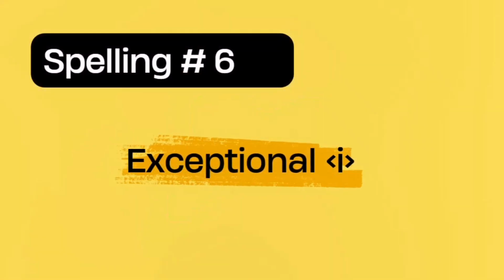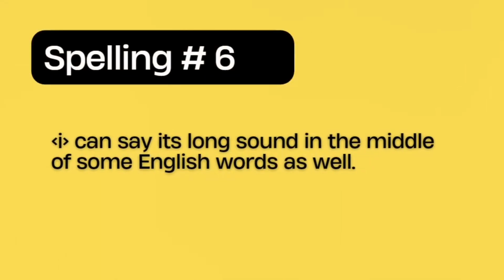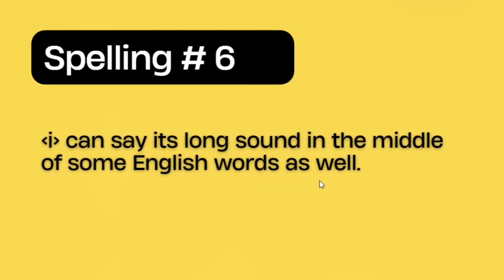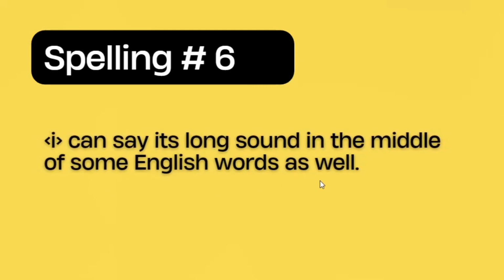Next one is an exceptional I rule. Now, what does it mean? I can say its long sound in the middle of some English words as well. It's not even an open syllable, it's not followed by a magic E or split digraph, but still it can say the long I sound in the middle of words.